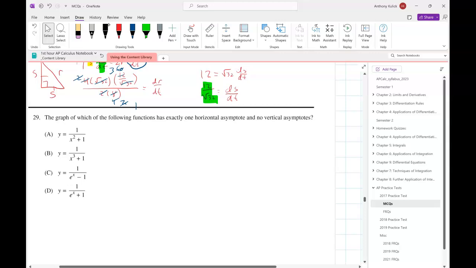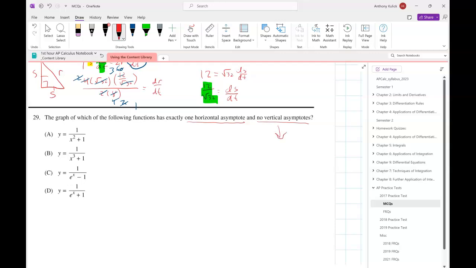Question 29 was one of the least correctly answered questions. And I felt bad because this is like an Algebra 2 question. Okay. One horizontal asymptote, no vertical asymptotes.